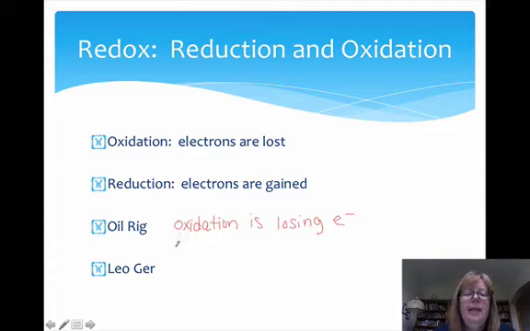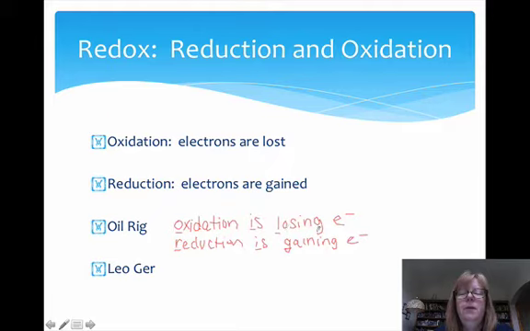And the RIG: reduction is gaining electrons. And remember, electrons are negative, and so therefore it would become more negative. So OIL, oxidation, is losing, don't forget electrons, so charges are changing. Reduction is the RIG. Reduction is gaining electrons.